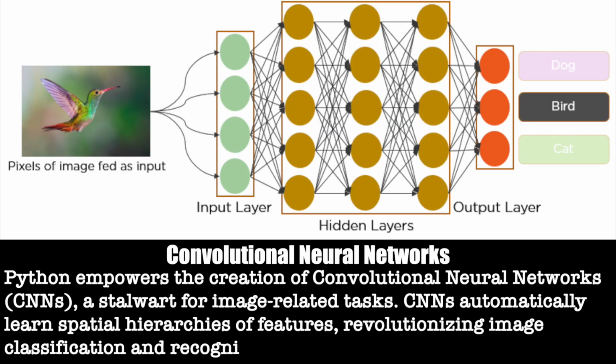Next is the convolutional neural network, that is called CNN, which is very common and is being used very effectively nowadays. Python empowers the creation of convolutional neural networks. CNN, a stalwart for image-related tasks, automatically learns spatial hierarchies of features, revolutionizing image classification and recognition.